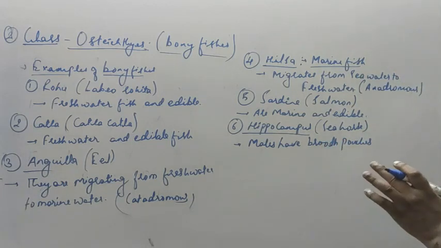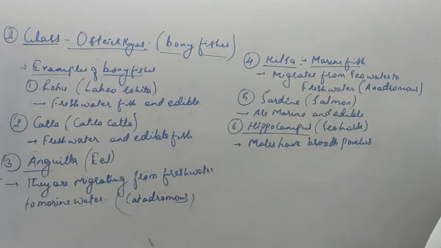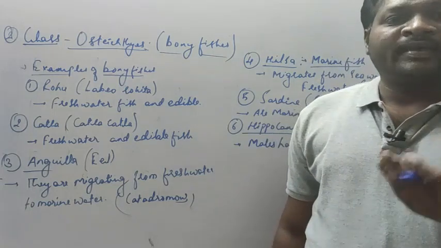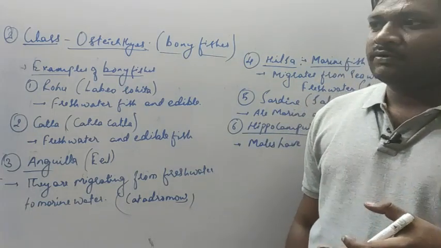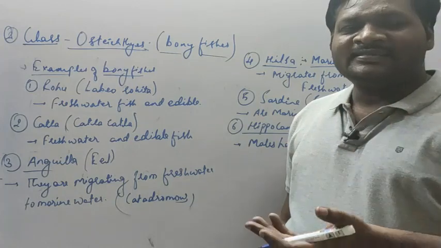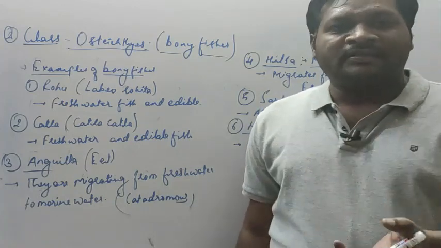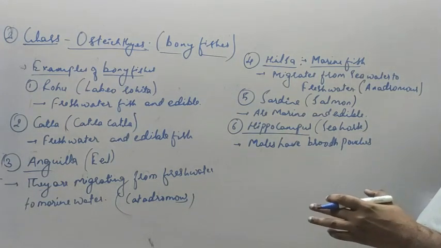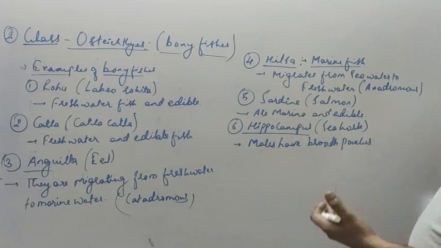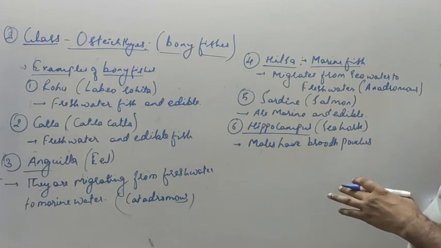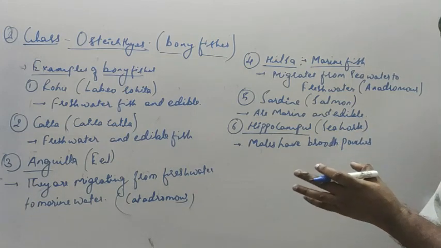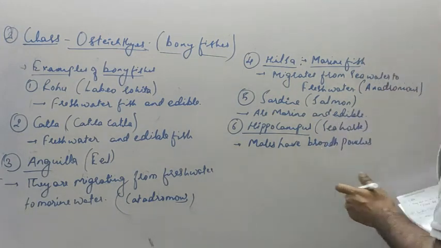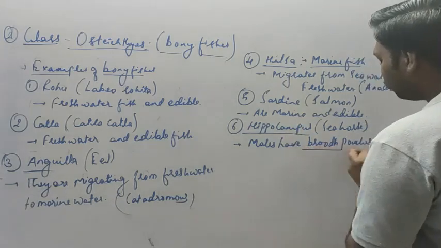What does it mean? After the reproduction, in case of seahorses, the males will carry the eggs until they are released outside the body, and they take parental care of those eggs until they grow up. So they are actually responsible for hatching the young ones. The brood pouch stores the eggs.